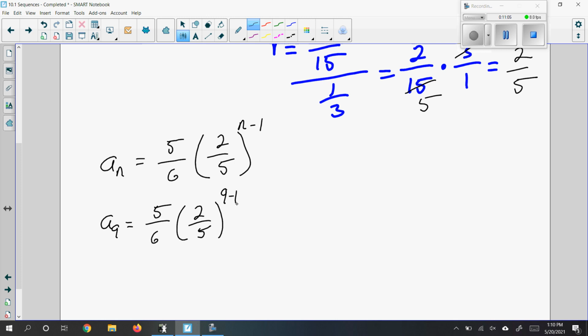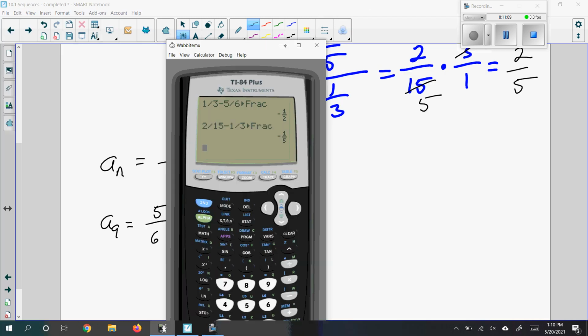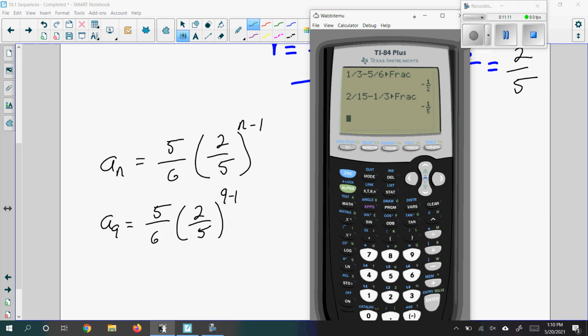So let's go ahead and put that in our calculator. So 5/6 times (2/5) to the power 8. And we get this very small number.